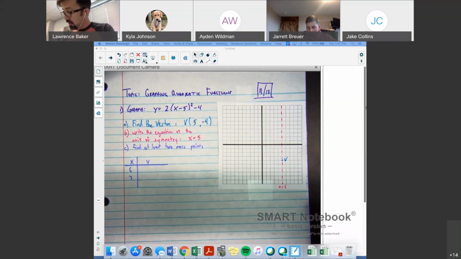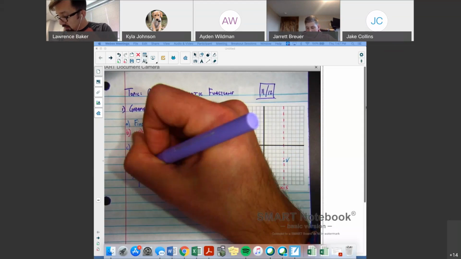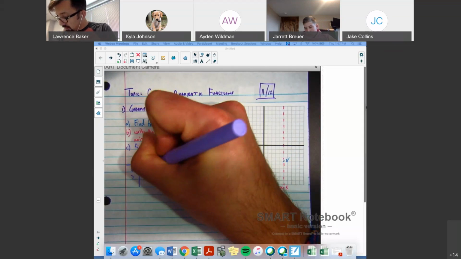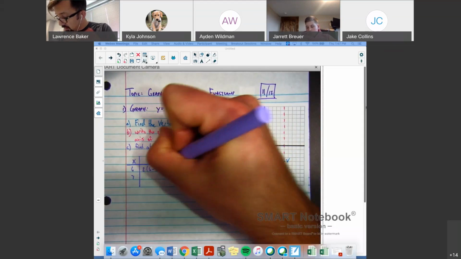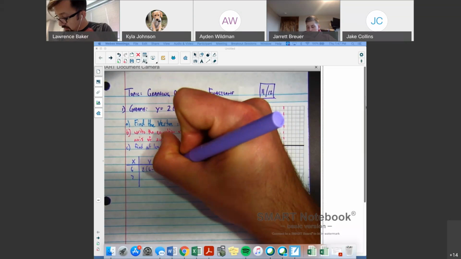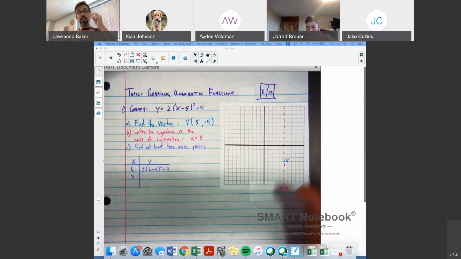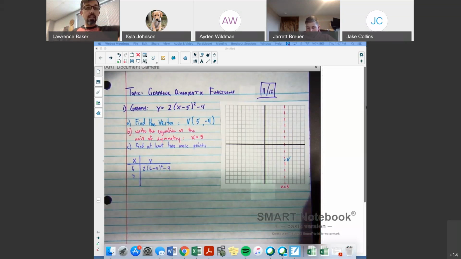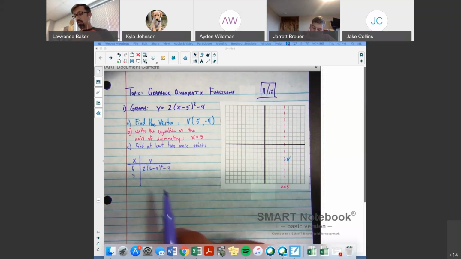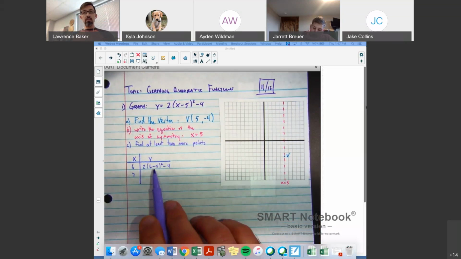Okay, so we go to our function. 2 times (6 minus 5) squared minus 4. When you do that math, most of the time it's not that difficult to do in your head. Okay, 6 minus 5 is 1. 1 squared is 1. 2 times 1 is 2. 2 minus 4 is -2.